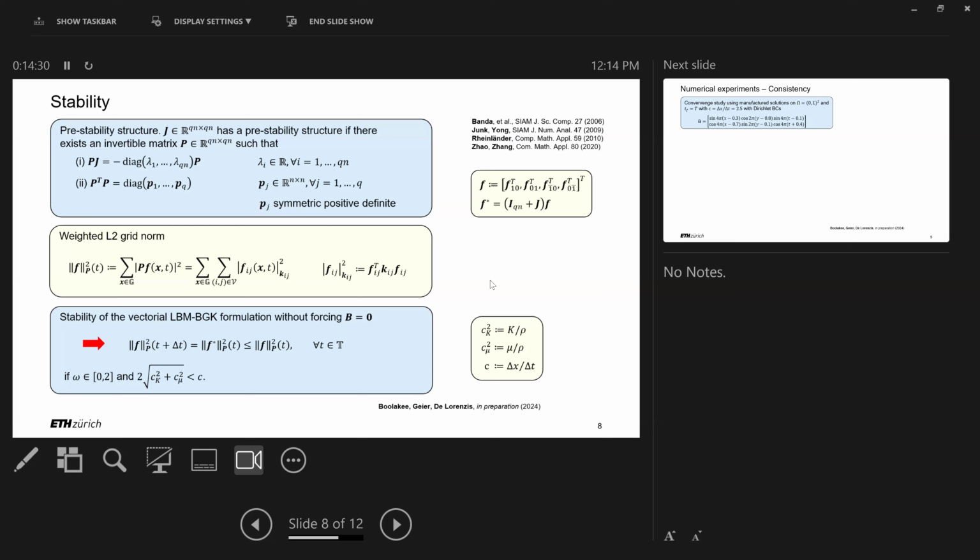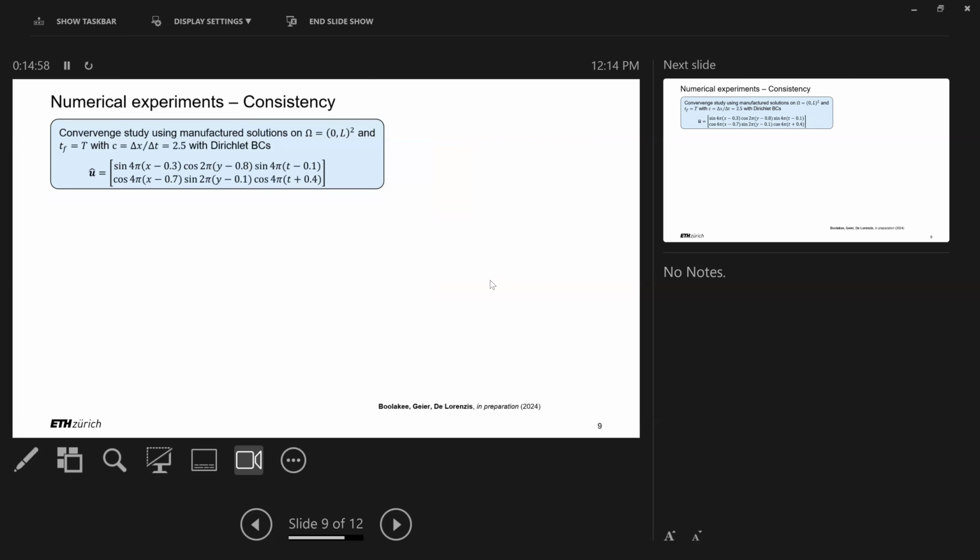So this holds only under the condition that we satisfy this CFL type condition, so that the physical propagation speed of information is smaller than the numerical propagation speed of information. And actually, it turns out that if we set omega equal to 2, this turns into an equality. So our collision and streaming is an isometric operation.